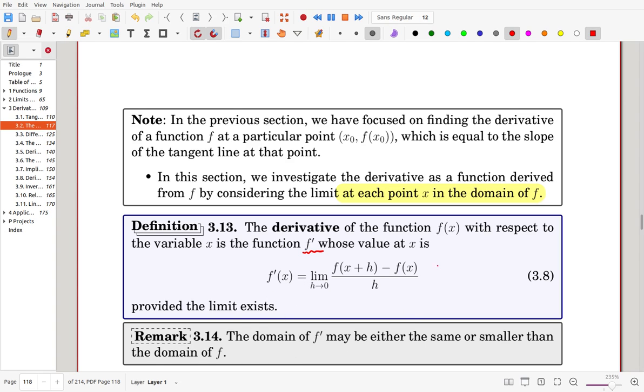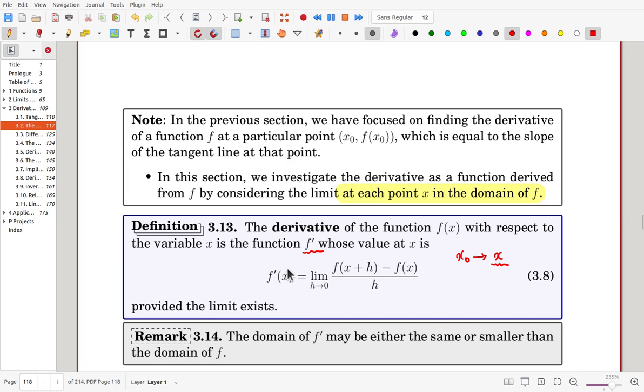Rather than a particular point x0, we are now using an arbitrary point x in the domain of f. The only difference is that x0 is replaced by x.